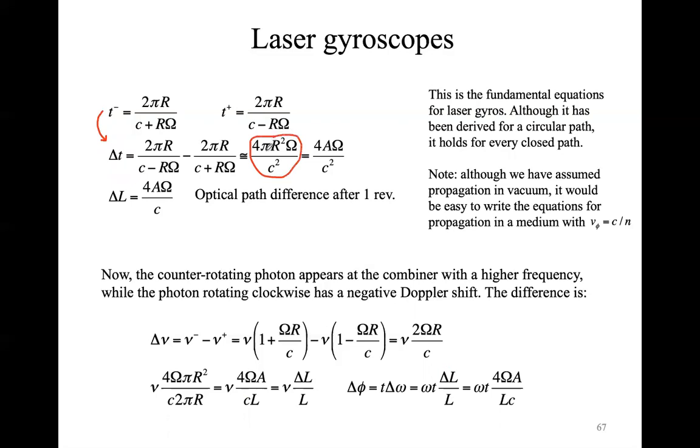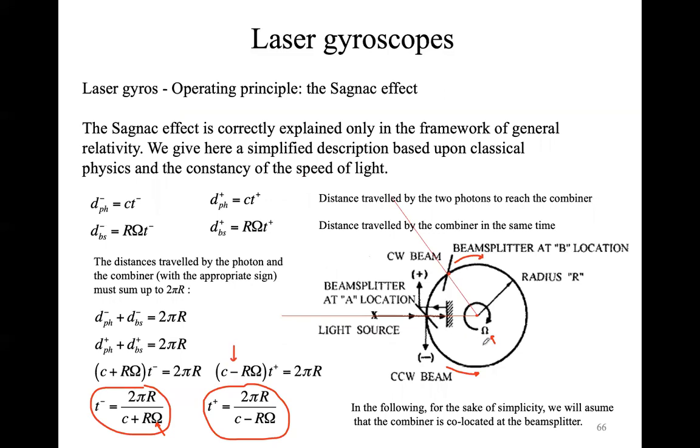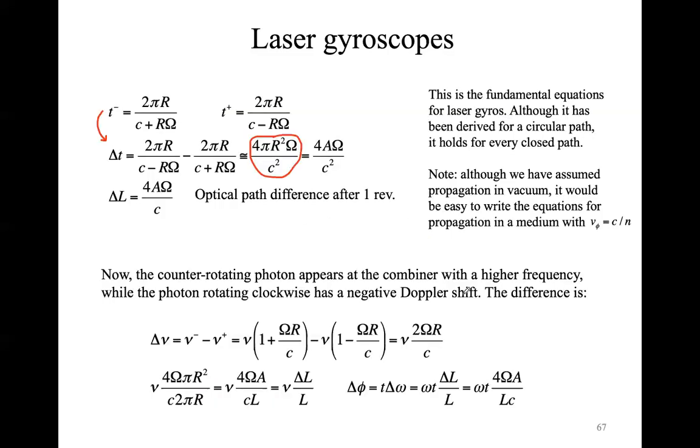By doing a simple difference between the two, C squared minus R squared omega squared is neglected. You have in this expression pi r squared, so you have the area of the path that you took into account. And this is the main important thing, and it is why we are going to introduce the fiber optic gyroscope.